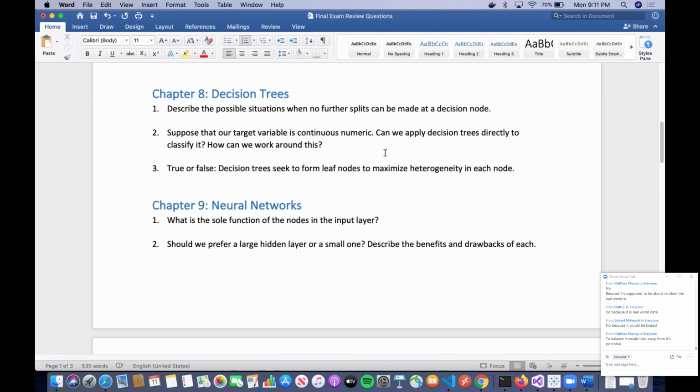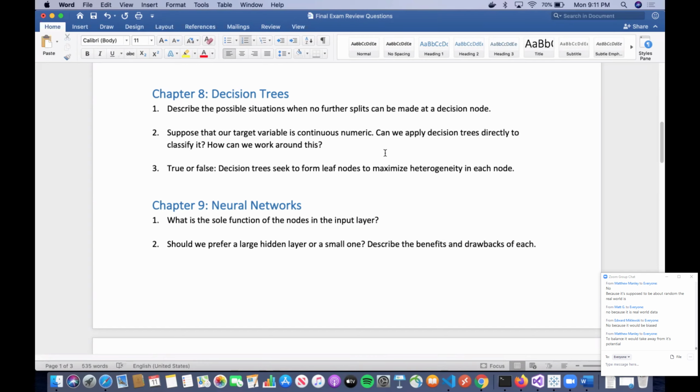So in this case, all records contained at each leaf node have the same target class value. So termination can occur at a pure leaf node or one or more branches may terminate at a diverse leaf node. So just make sure you know the difference between the two.